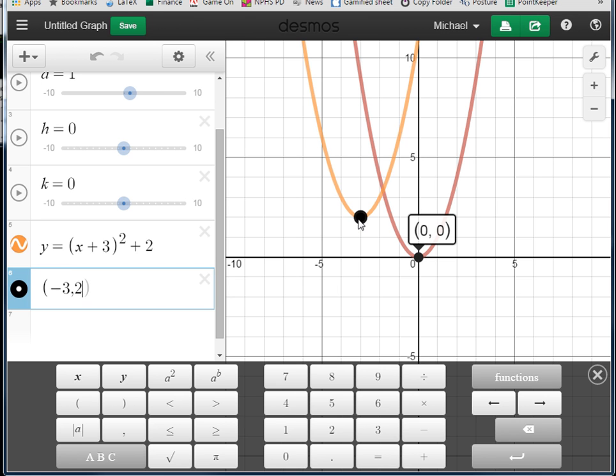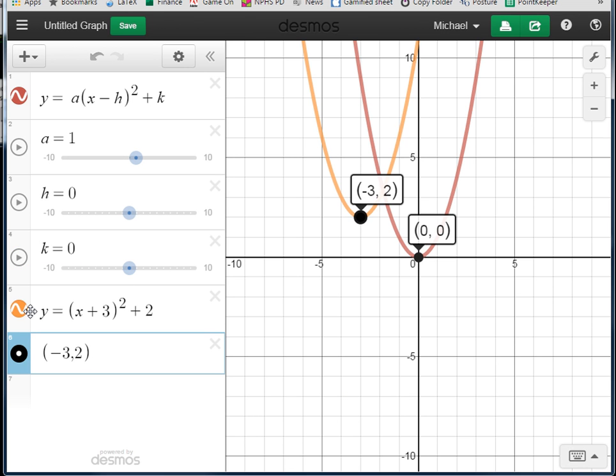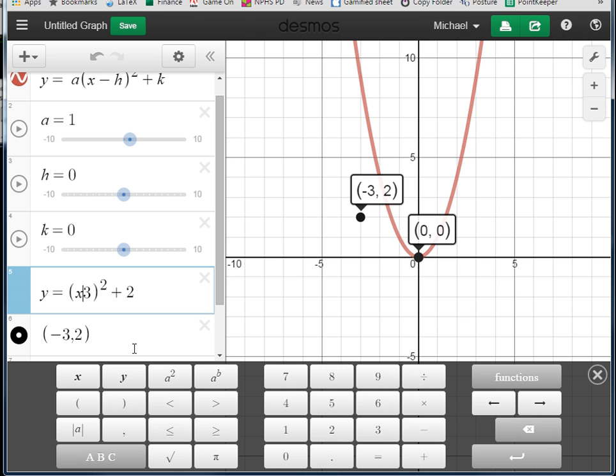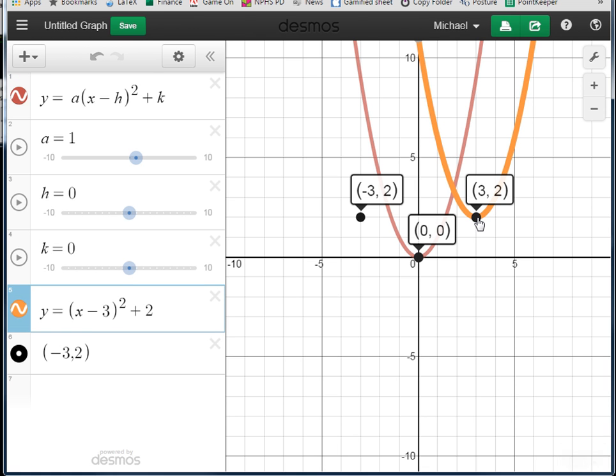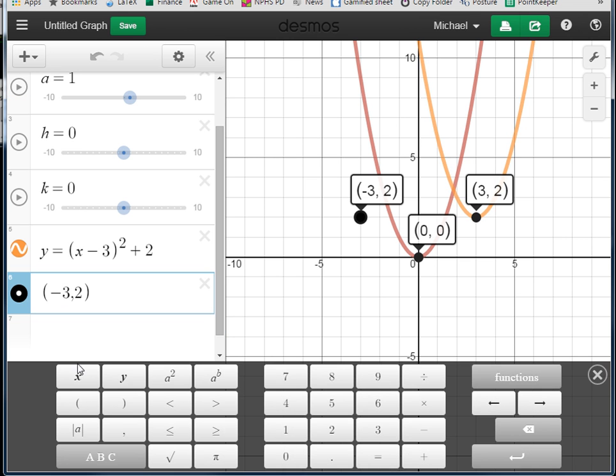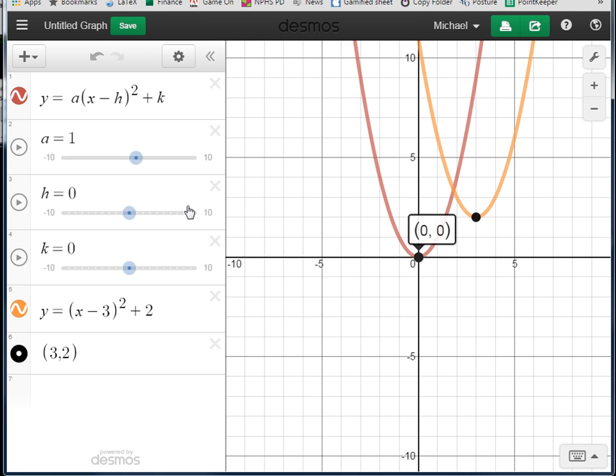That gets us the vertex for the orange parabola. And if it were the other way around, that it's x minus 3, then of course our vertex would be at (3, 2), and I'll put a dot there so you can see that. So that's how the h and the k work for vertex form.